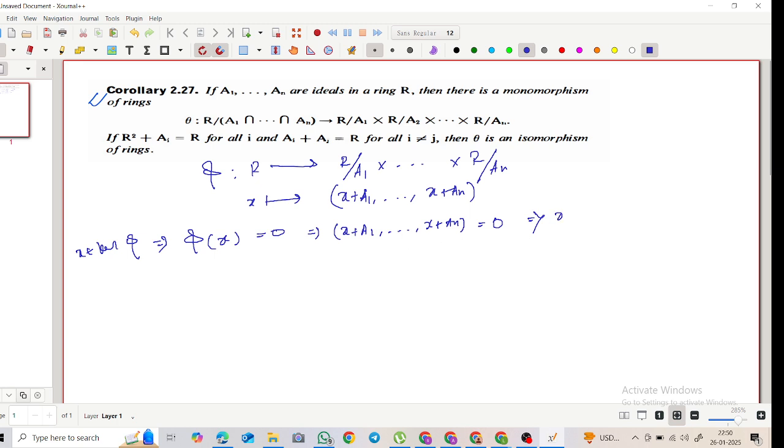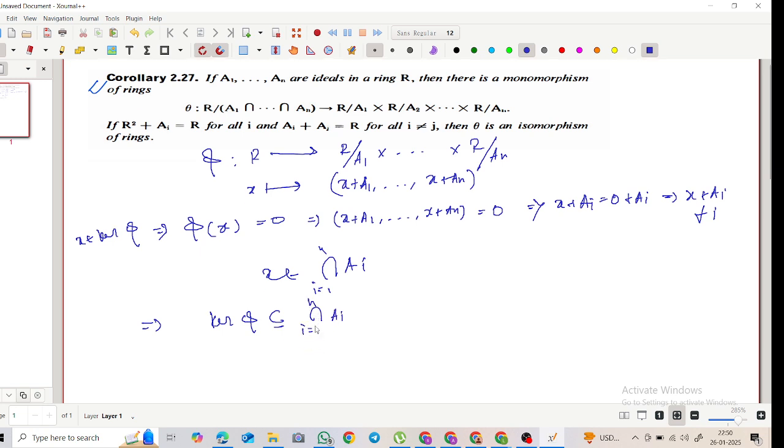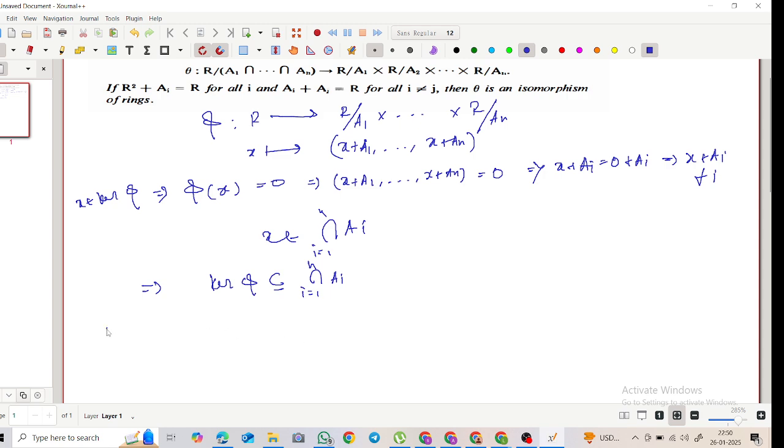That means x + Ai is 0 + Ai, which means x belongs to Ai for all i, which means x belongs to the intersection of the Ai. This implies ker phi is contained in the intersection of the Ai. Again, conversely, you take another element y belonging to the intersection of the Ai.